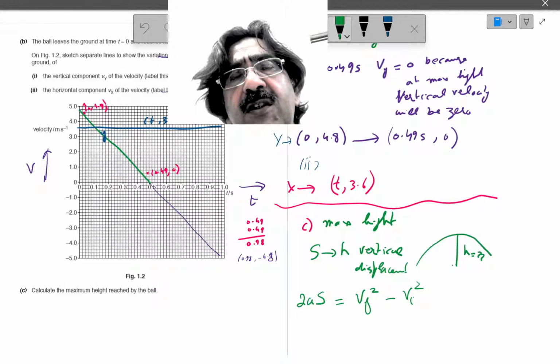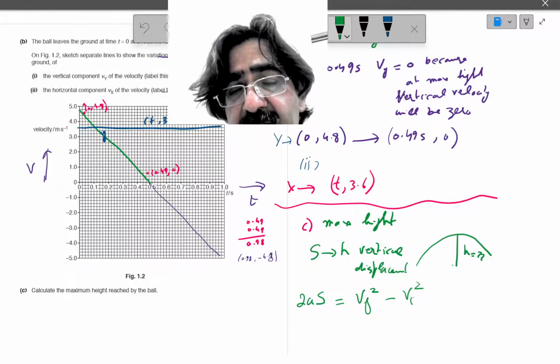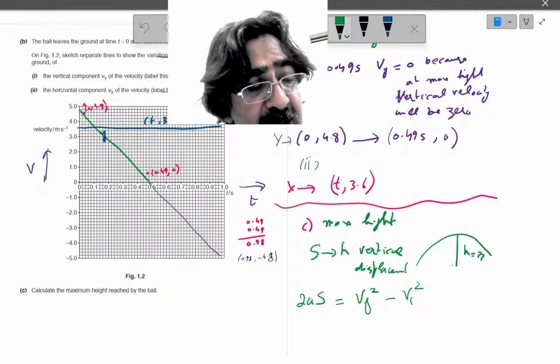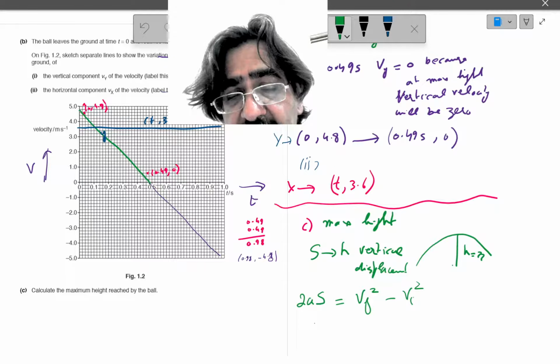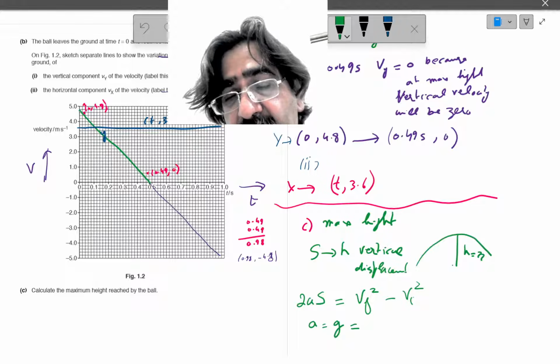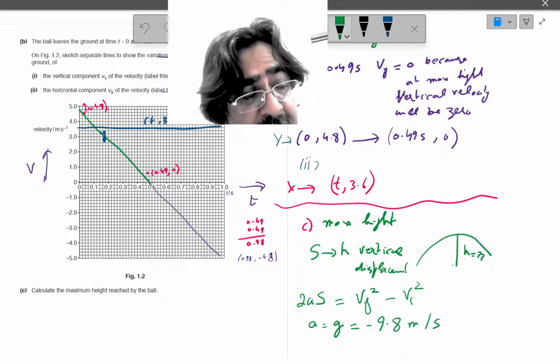The vertical acceleration is the only acceleration, and that is due to the weight, the gravitational acceleration. So a will be equal to g, and that will be equal to minus 9.8 meters per second squared.